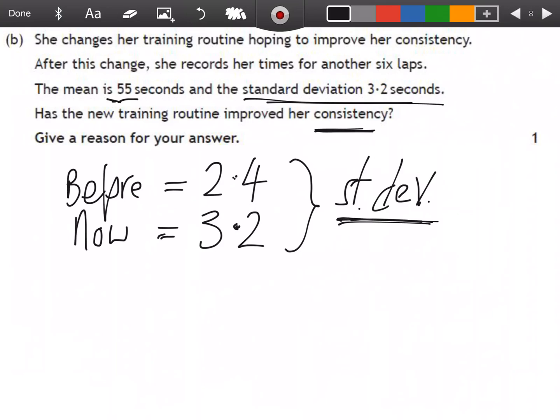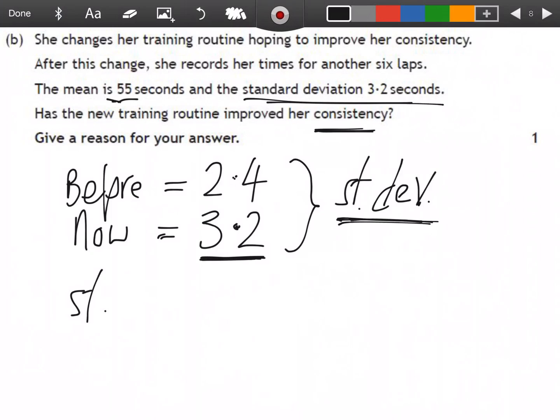So now she's actually got a higher standard deviation. That means she's actually less consistent. So although the mean might have improved, her times might have improved, her average time has improved, overall she's not as consistent. Maybe she's doing some really good laps, but she's also doing some slower laps.